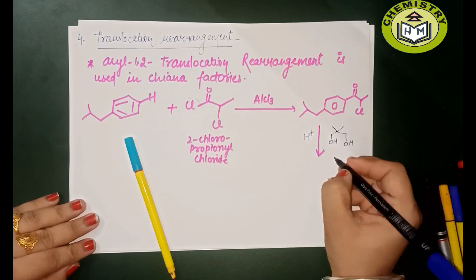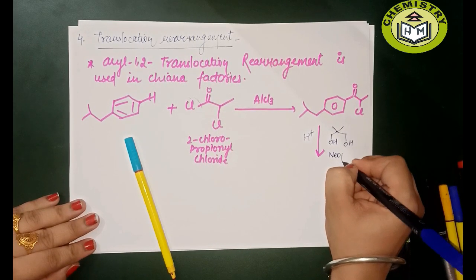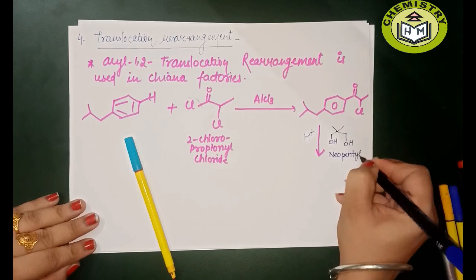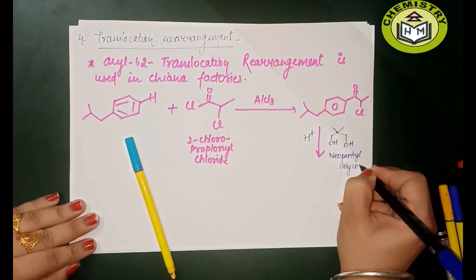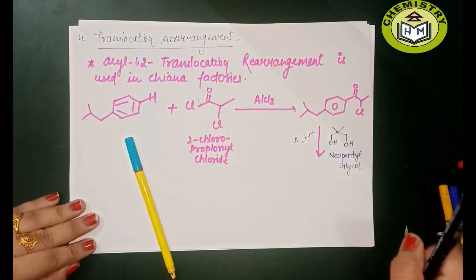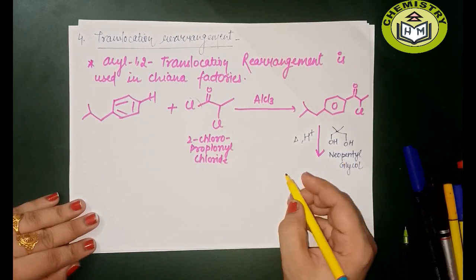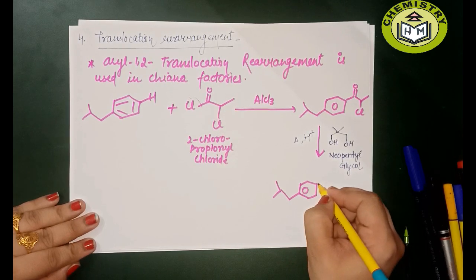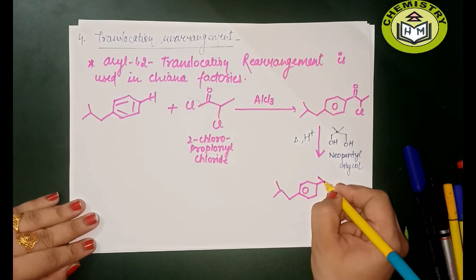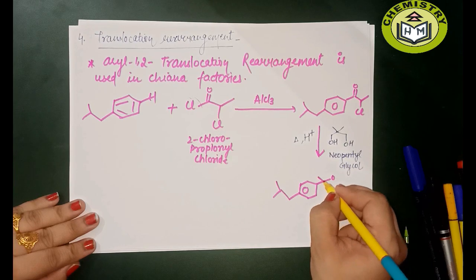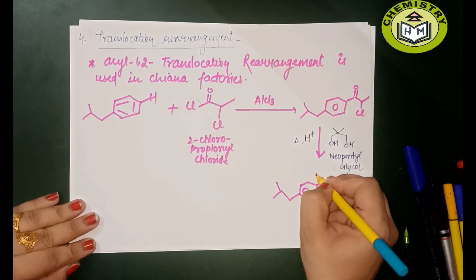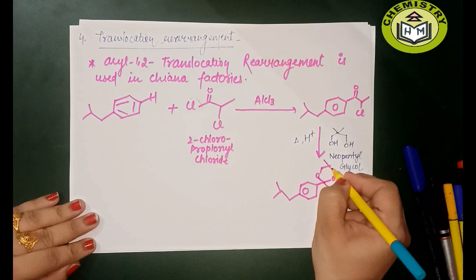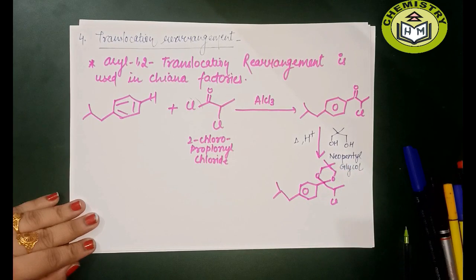Now, what is the name of this compound? It is neopentyl glycol. In the presence of heating conditions, we are getting a cyclic compound like this.